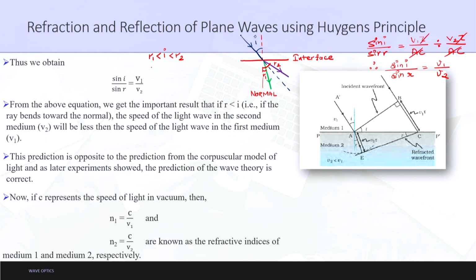So, if we are going towards the normal, then R1 is less than I, and if we are going away from the normal, then R2 is greater than I. So, quite evident, if it is being talked about as R less than I, then the concept talked about here is towards the normal, that is, the ray bends towards the normal.